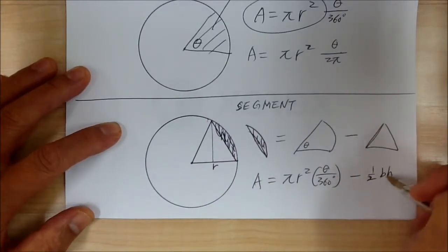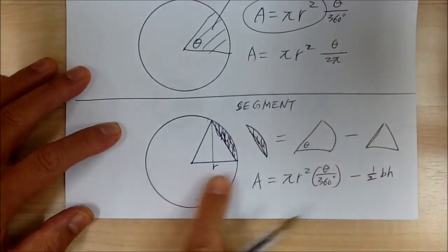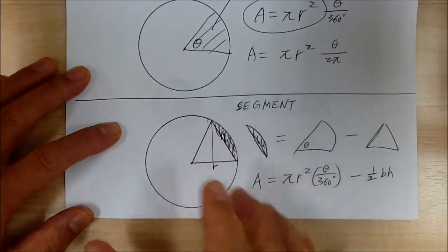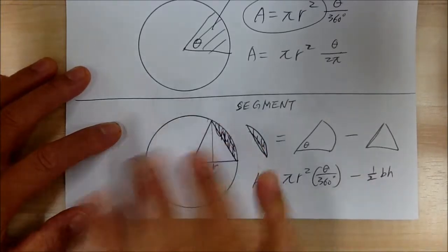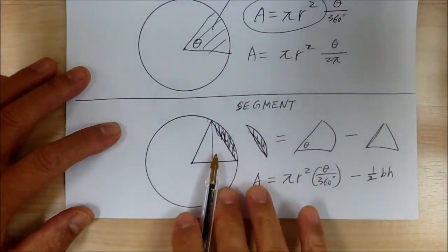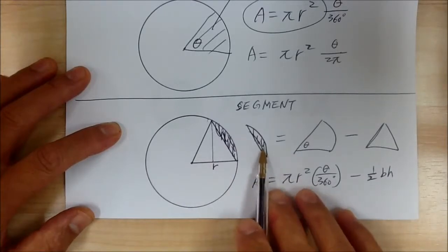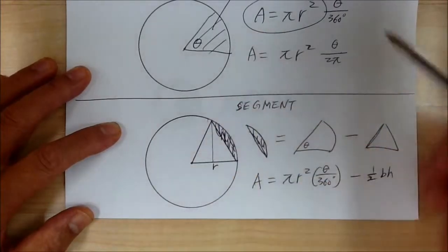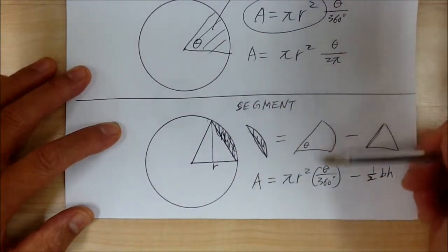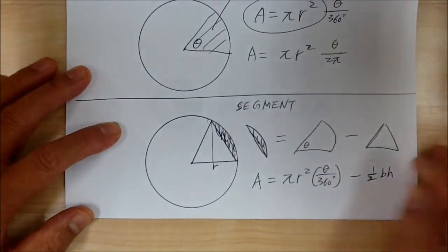You have to be able to turn the pictures one way or the other, figure out your base times height. Okay. And so that's it. Whenever you deal with this kind of area, you always develop your strategy first. Then below it, you can use your knowledge to figure it out.